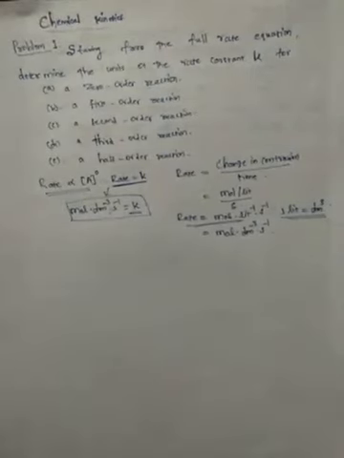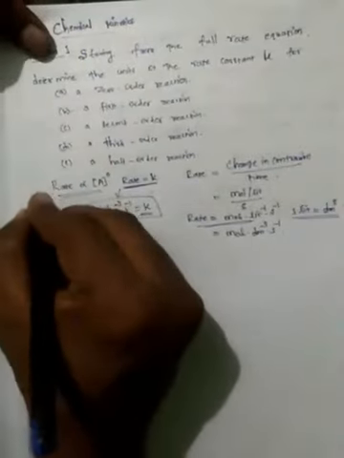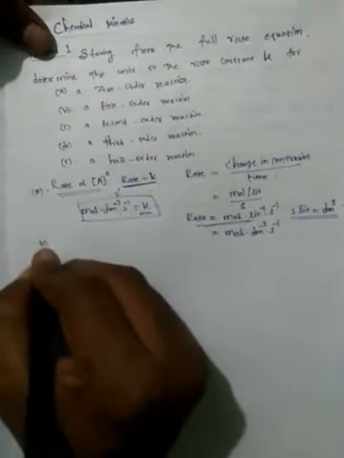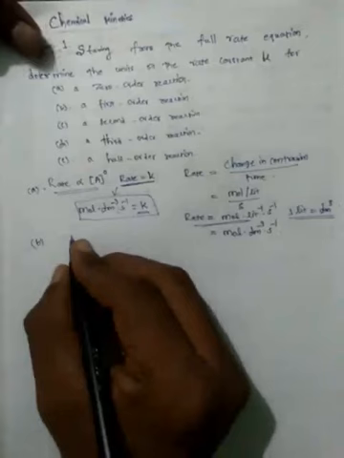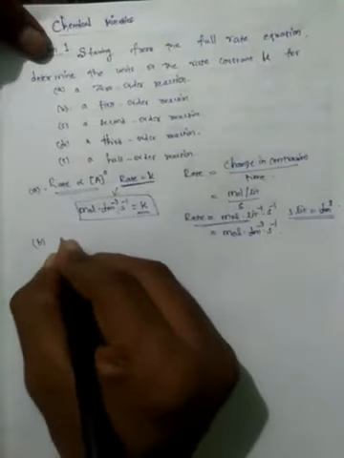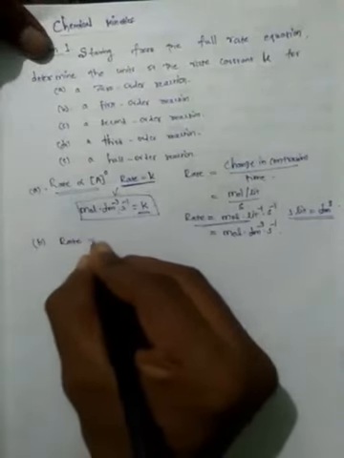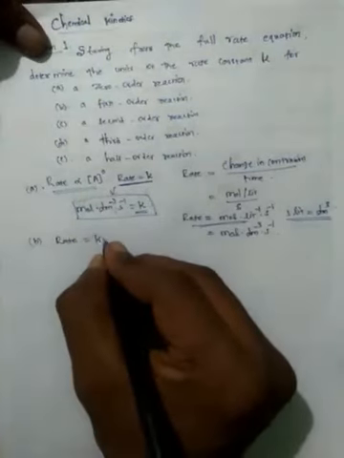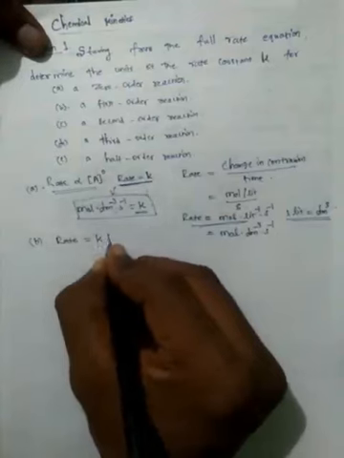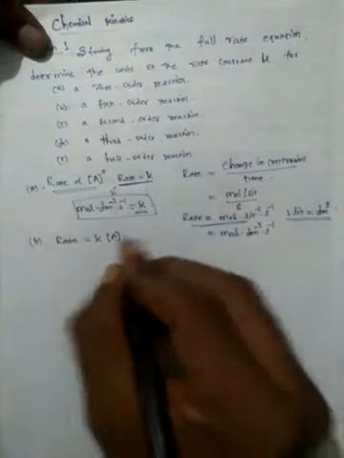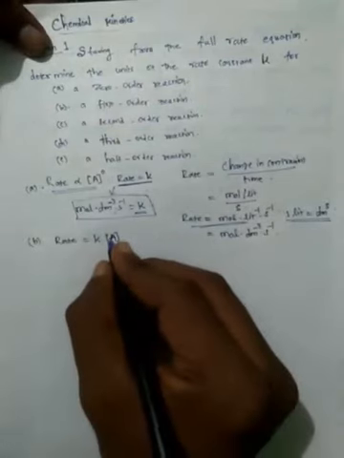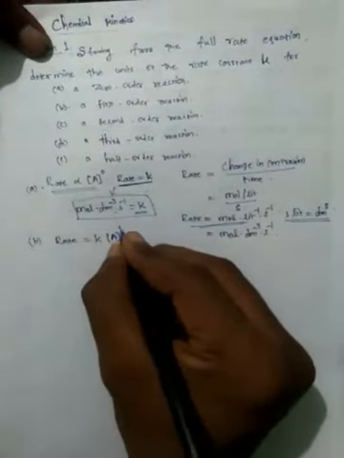Then for the first order reaction, a rate equation can be written as rate equal to K, the rate constant, times A, the concentration of reactant A, power 1.